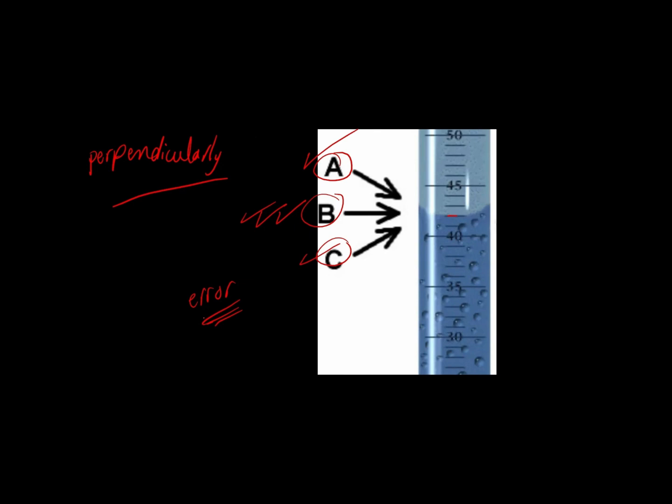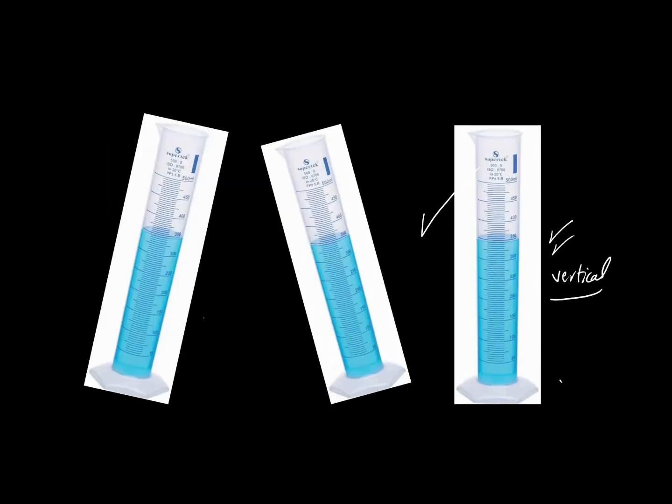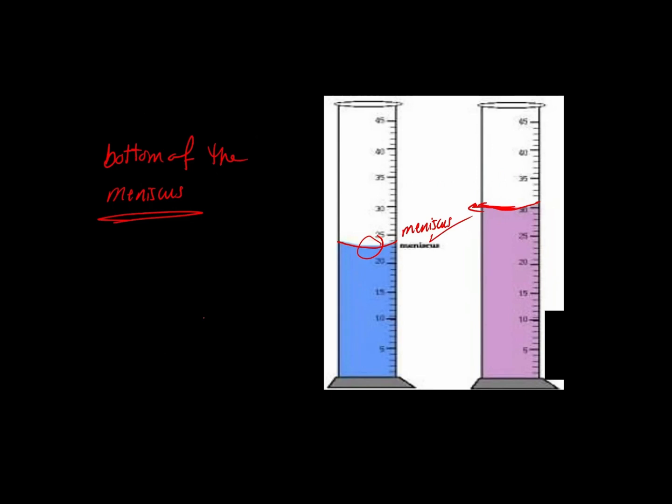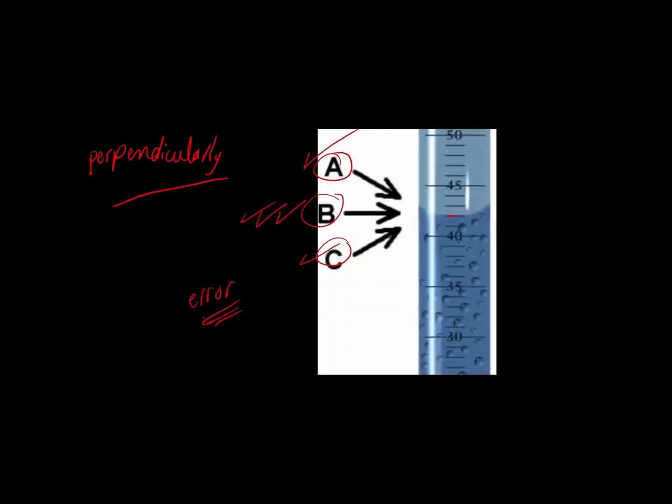Okay, parallax. So again, we have 3 precautions to pay attention to when we are using these: to put it vertically on a horizontal base, after that to look at the bottom of the meniscus, and the third one to look perpendicularly at the grade. And this is not used only for the cylinder.